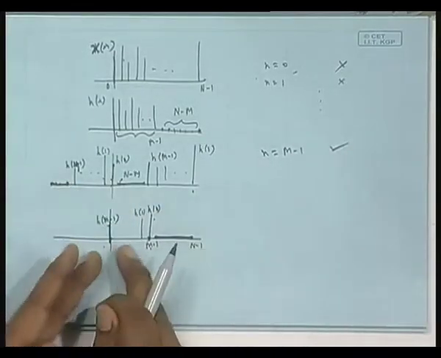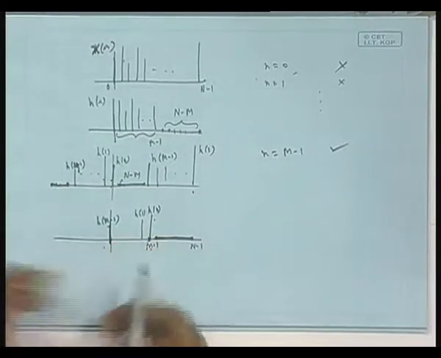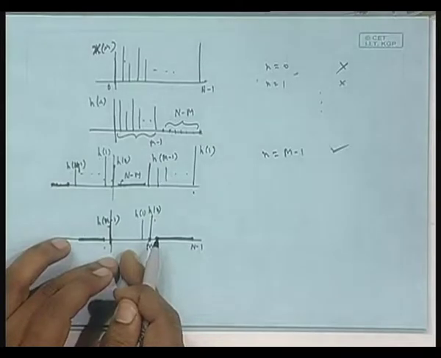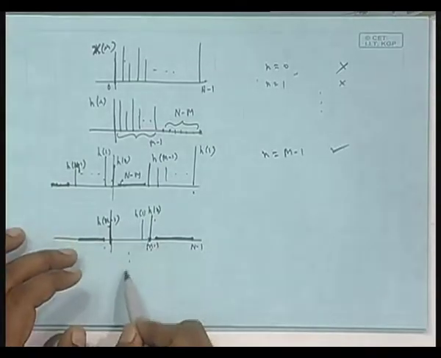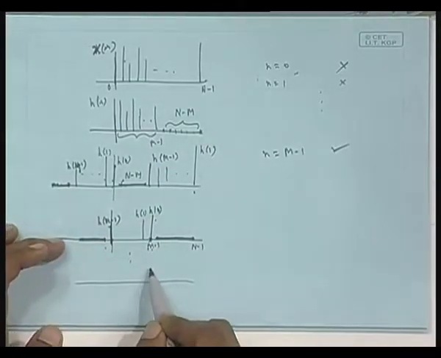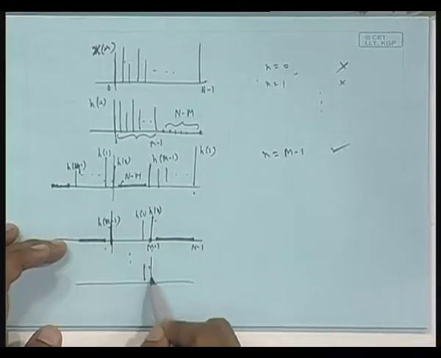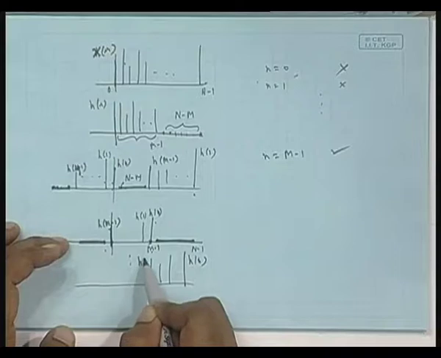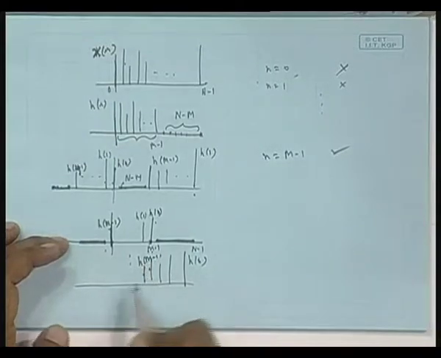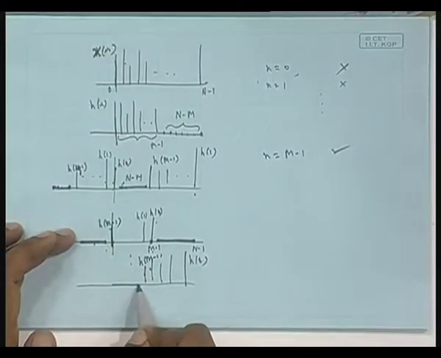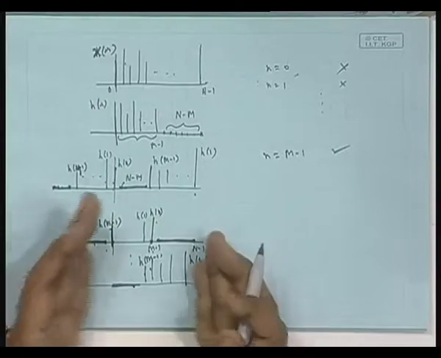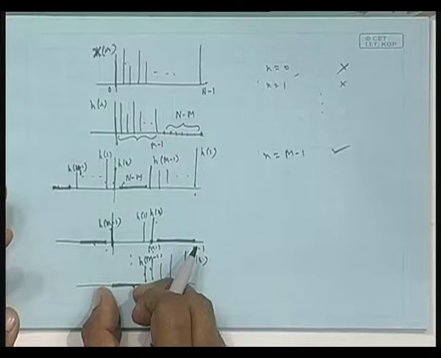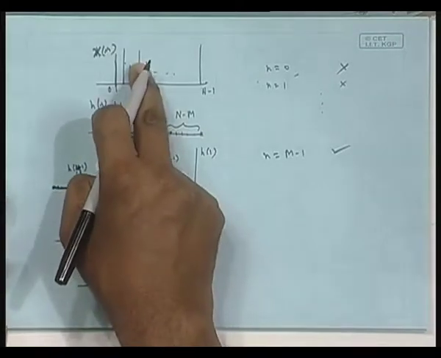After this, you shift it to the right, but who will enter from here? Again the 0 pad, isn't it? Finally, dot dot dot, a time will come when again h 0 will come here, h m minus 1 will come here, and this 0 pad will fully fill up this place. Lengthwise you see, total length has to be n, this is m, this is n minus m, and again this will take care of these.